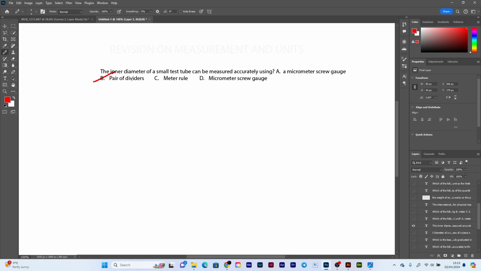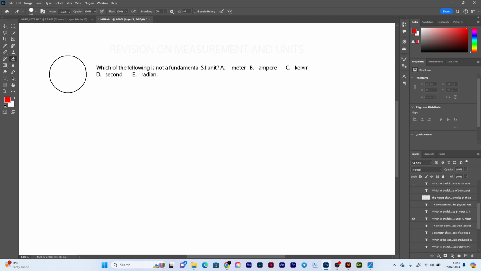The inner diameter of a small test tube can be measured accurately using a vernier caliper. So I must have missed either this or this should have been a vernier caliper. Please just note that that will be an error on my part, maybe while I was typing the question.